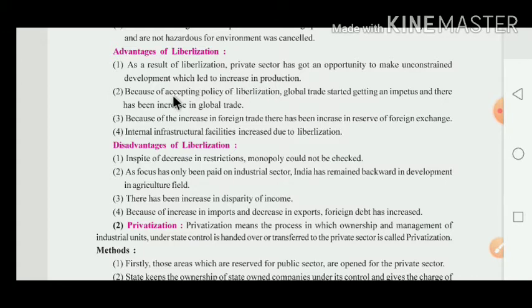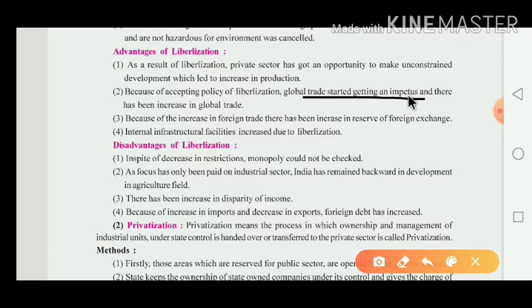Second, because of accepting the policy of liberalization, global trade started getting an impetus and there has been an increase in global trade. Due to implementing the economic liberalization policy, global trade started getting an impetus. What is the meaning of impetus? Impetus means protsahan dena.